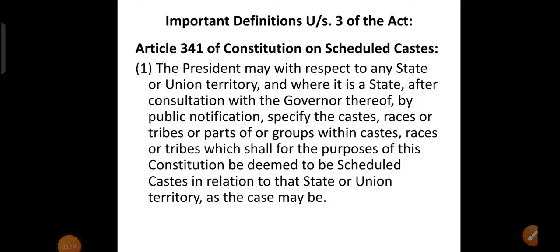He may, with respect to any particular state or any union territory, and if it is a state, then after consultation with the governor of that state, recognize by public notification and specify the castes, races, or tribes or parts of or groups within such castes or races or tribes which shall, for the purposes of this constitution, be deemed to be scheduled castes in relation to that particular state or union territory, as the case may be.